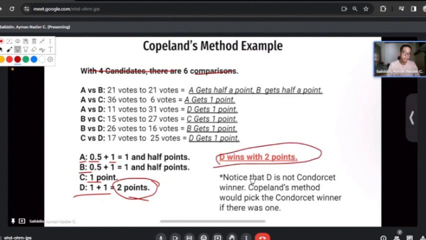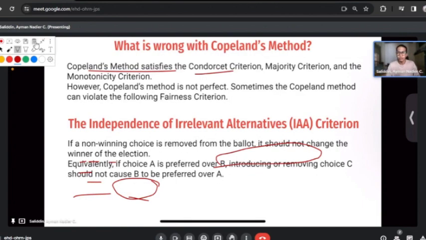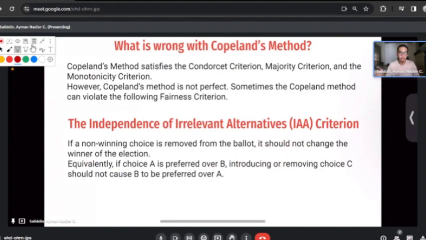Notice that D is not a Condorcet winner. Copeland's method would pick the Condorcet winner if there was one. Now let's talk about what is wrong with Copeland's method. Copeland's method satisfies the Condorcet criterion, the majority criterion, and the monotonicity criterion.